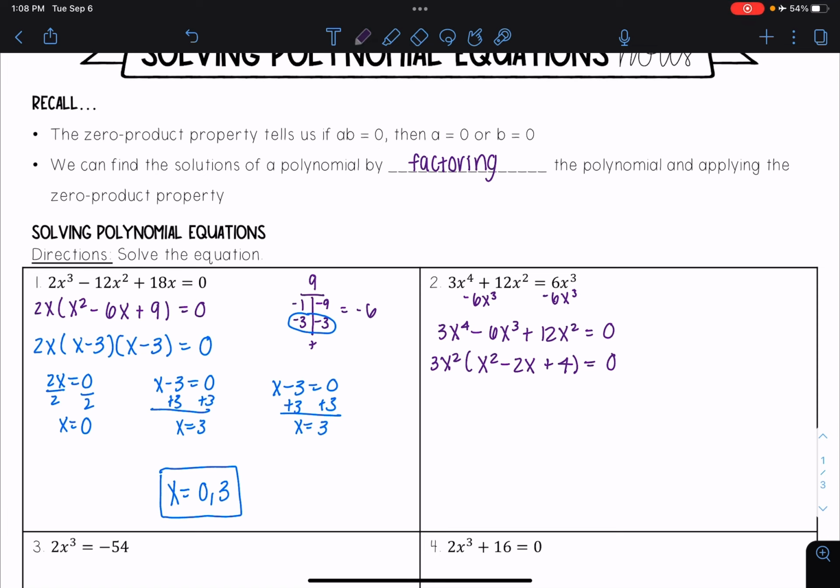So my next step here is actually to use the quadratic formula to figure out what my answer is for this x squared minus 2x plus 4 equals 0.